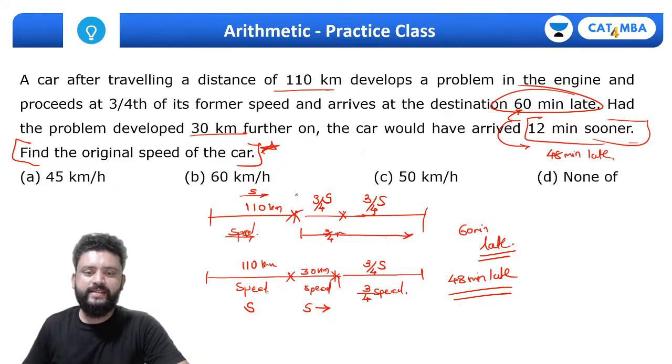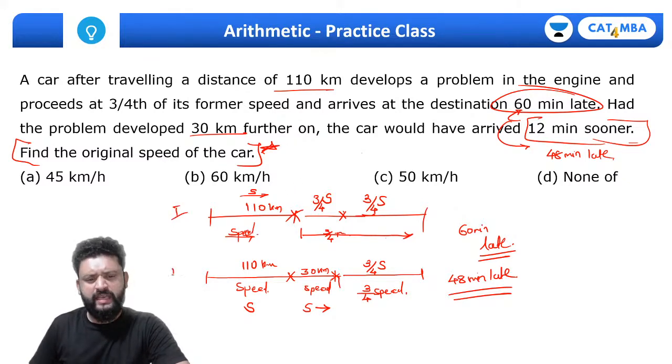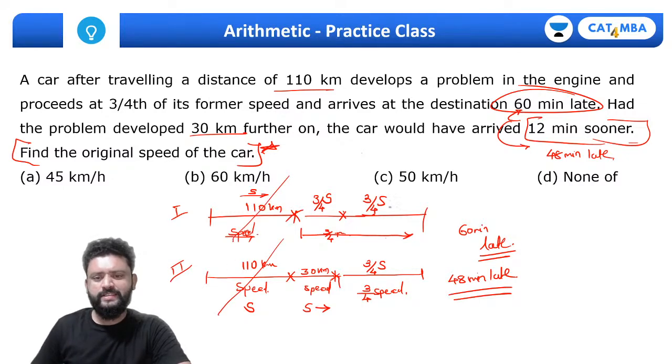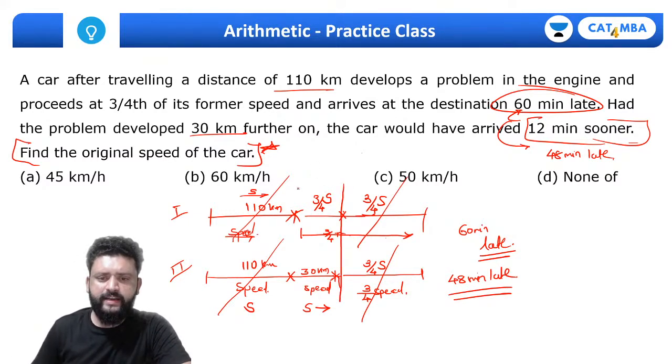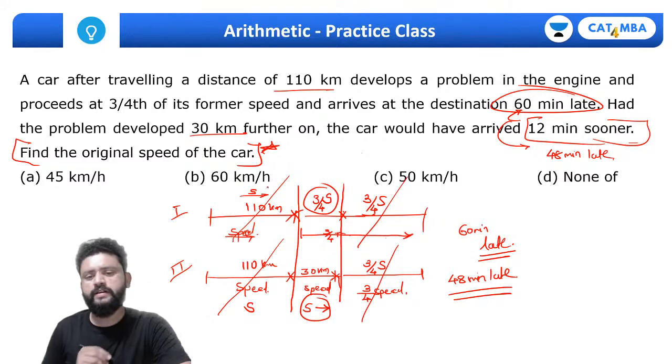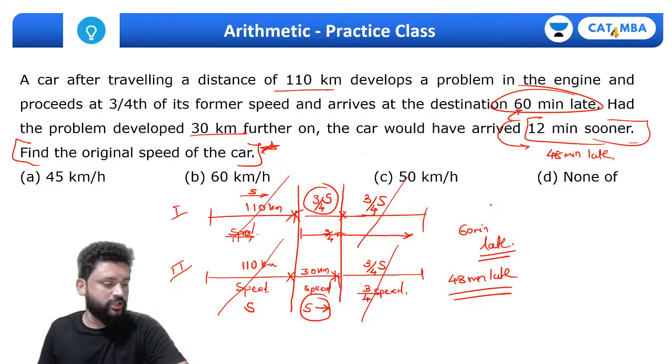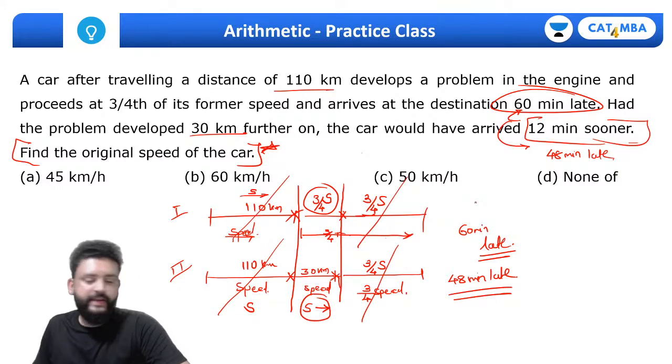So all of you understand what's the logic, what you need to understand here. In both cases everything is the same, so leave the common part. This is same, this is same, this is same, only the difference is 30 kilometers: 30 kilometers travel with the original speed, 30 kilometers travel with the 3/4 of the original speed. Am I right, Megha?